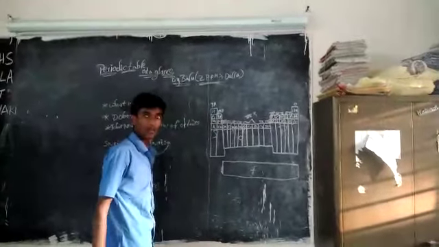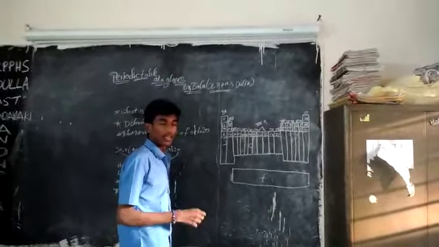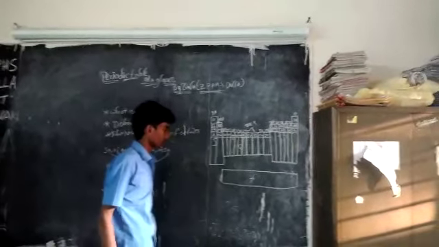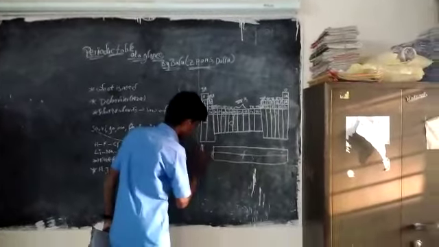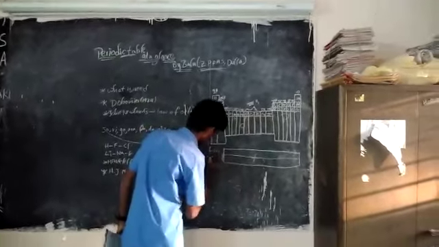The zero group elements are called inert gases or noble gases. The F block elements are called lanthanides and actinides.